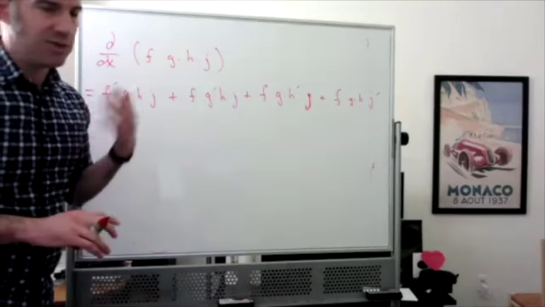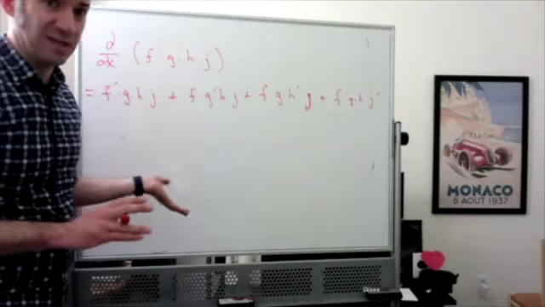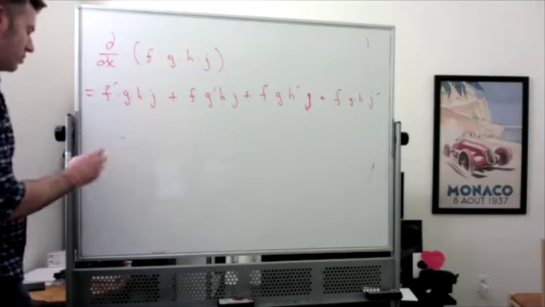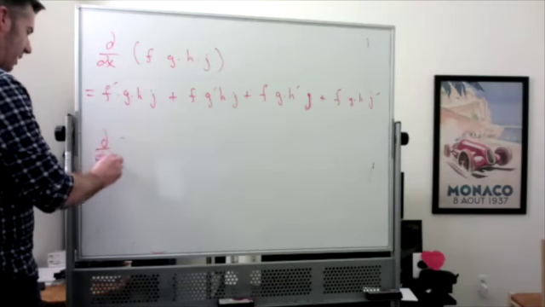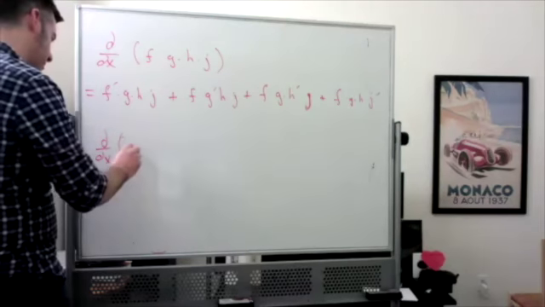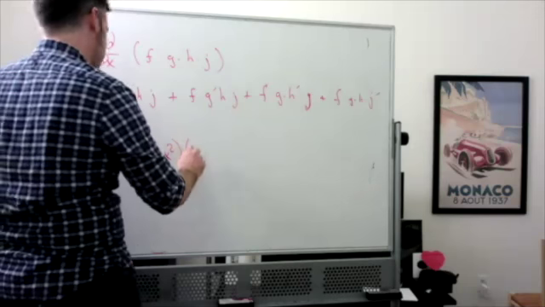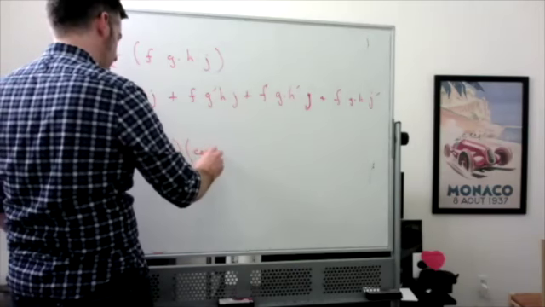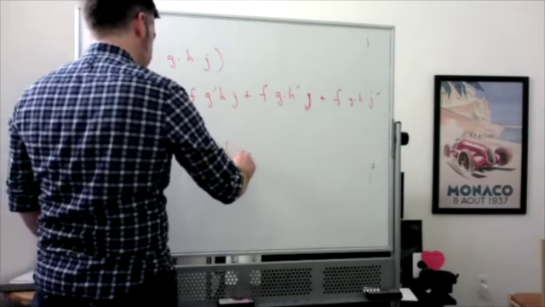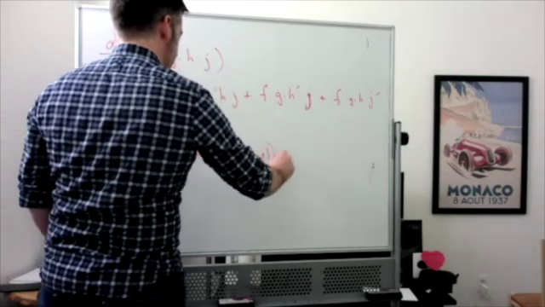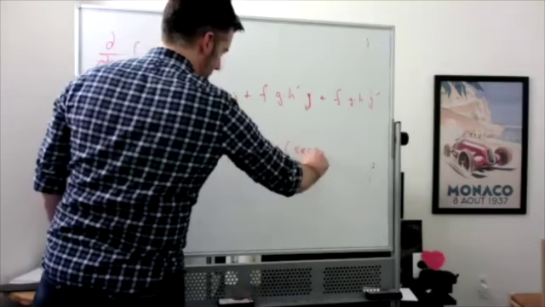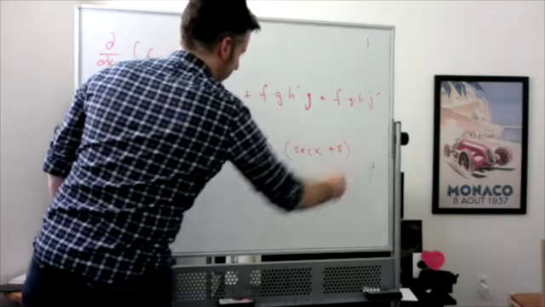And I will mention, we don't really use this a lot. You're not usually going to be taking the derivative of something crazy, like sine of x plus x squared, times cosine of x, times tangent of x plus 1, times, this would be bonkers, secant x plus 5, right?